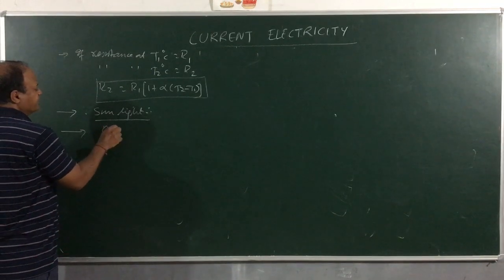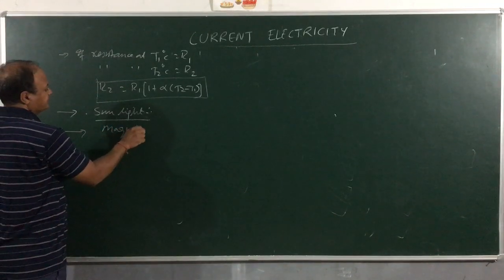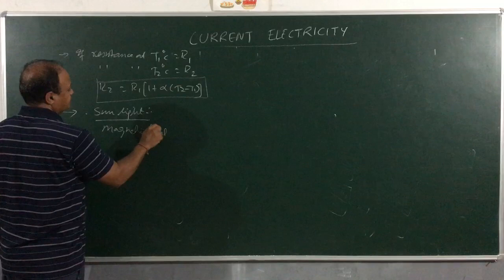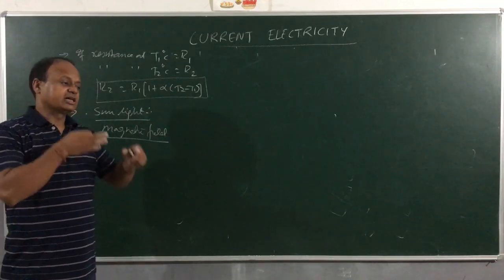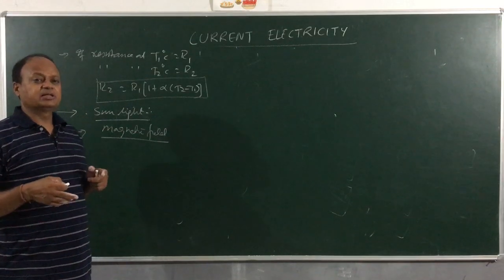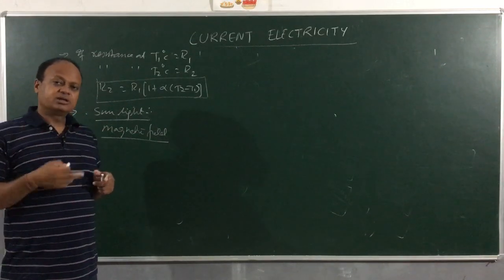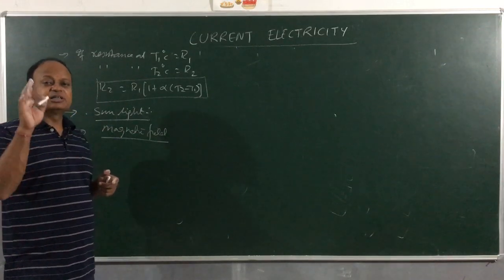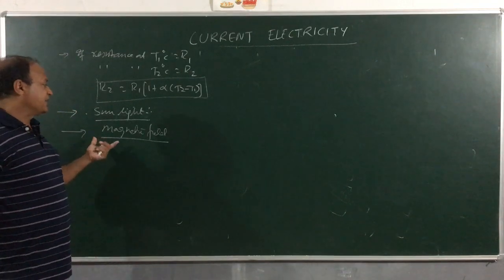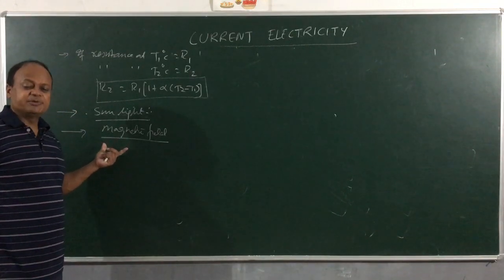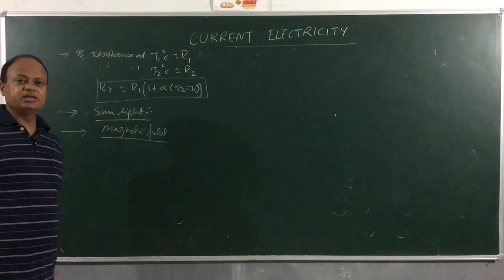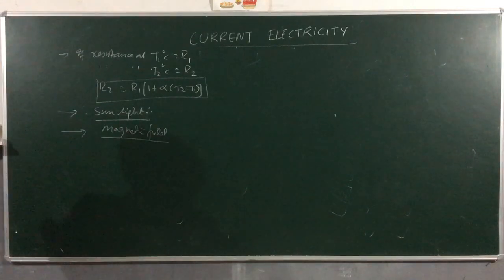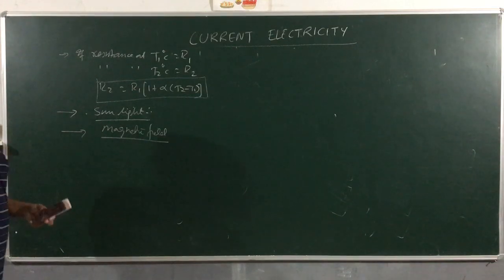What about the magnetic field? If a magnetic field is applied across a conductor, then charges will not be able to move along a straight line path. In most of the cases, they will move along a circular path, and that will increase the resistance. So, when you apply a magnetic field across a conductor, generally speaking, the resistance will increase. Okay. So, these two factors also you should know. So, we saw all the factors which are affecting the resistance of a conductor.